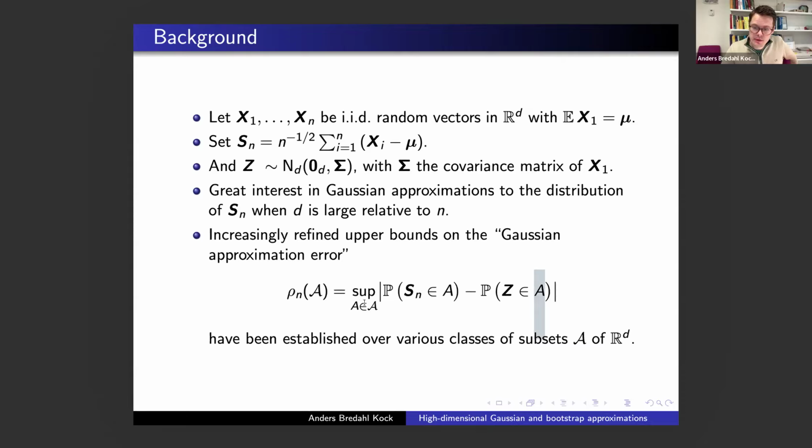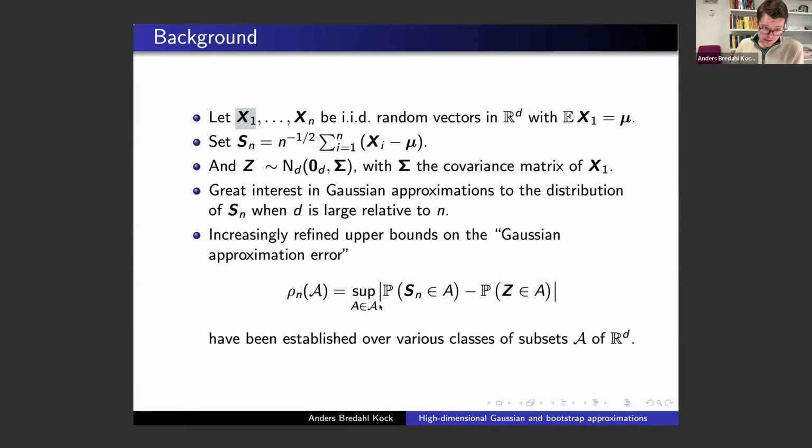You take a supremum over your favorite class, calligraphic A. Now the size of rho n, this Gaussian approximation error, depends obviously on the complexity of the class A. It depends on how large d is relative to n, and it may also depend on which further assumptions one is willing to impose on the x's. In particular, I focus on the number of moments that the entries of the x's possess shortly.